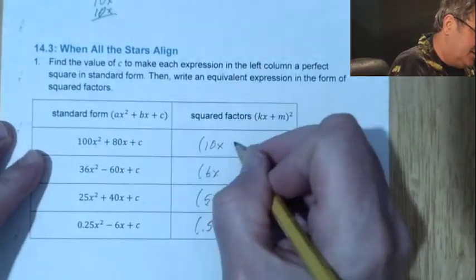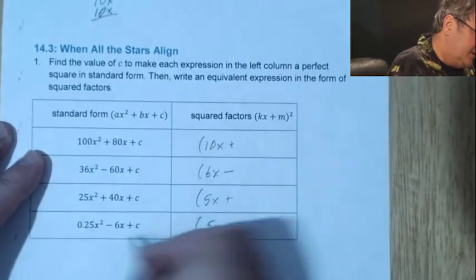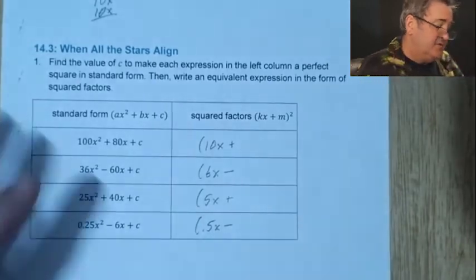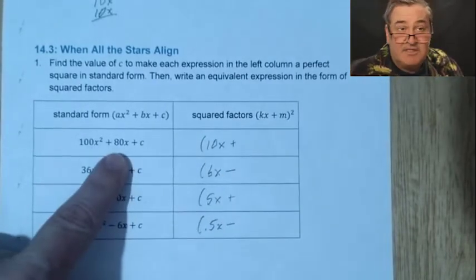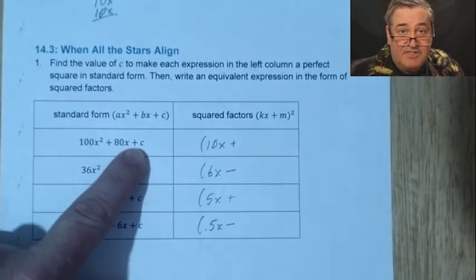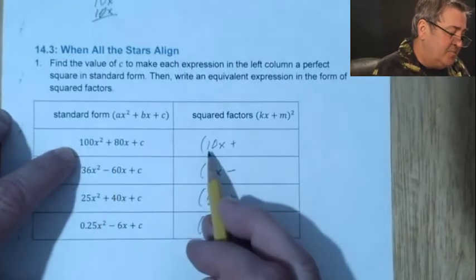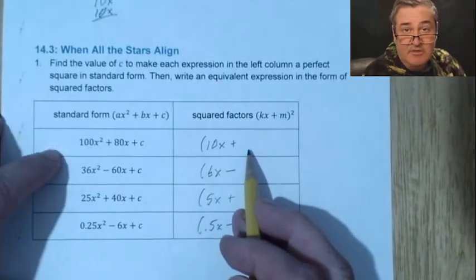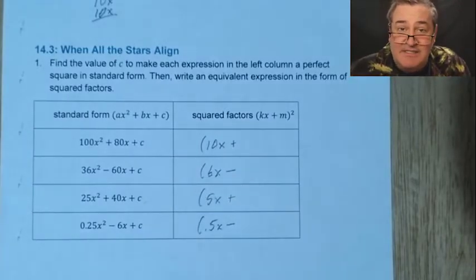And this is a positive. That one's a negative. That one's a positive. That one's a negative. So we need to find the number to put right here that will make this an 80x. And then we'll figure out what the C needs to be also. To get 80x, we multiply this number times this number and then add it to a second one of exactly the same number.